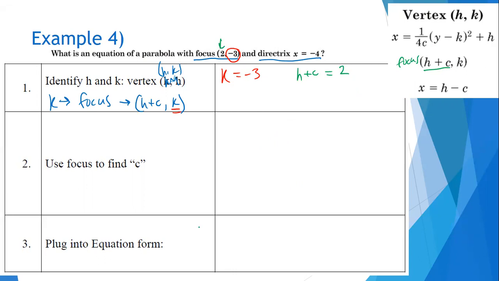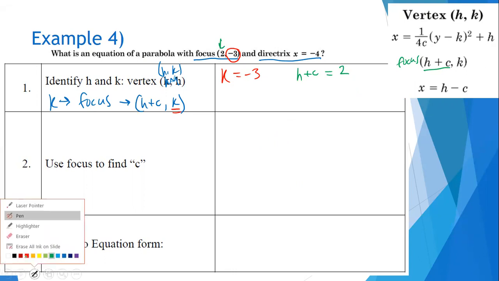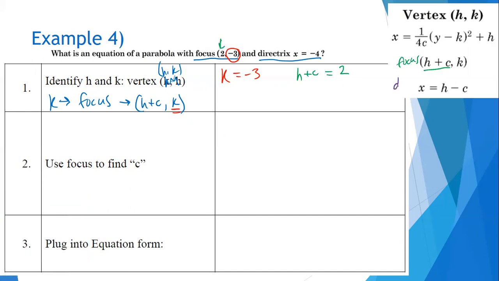Next, we're going to use the directrix. We know that our directrix x equals h minus c, so h minus c equals our directrix. What is our directrix? -4. So what did we create here?